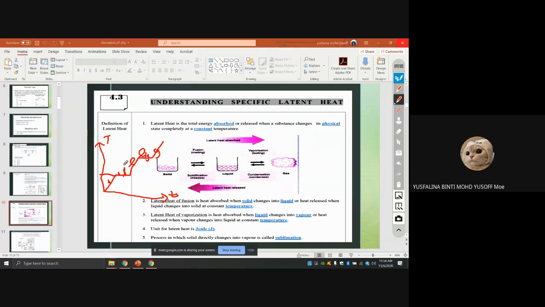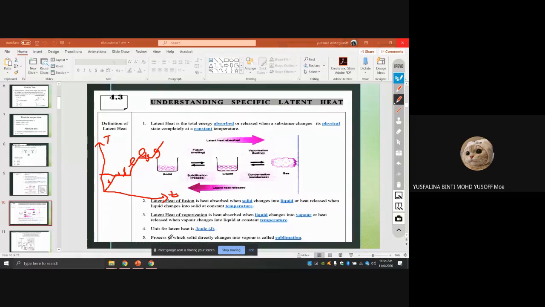And if the question asks why the temperature is not increasing even though you still give heat to the substance, this is to overcome the attraction between the molecules. So that's the answer. This is specific latent heat, and the unit for specific latent heat is joule.